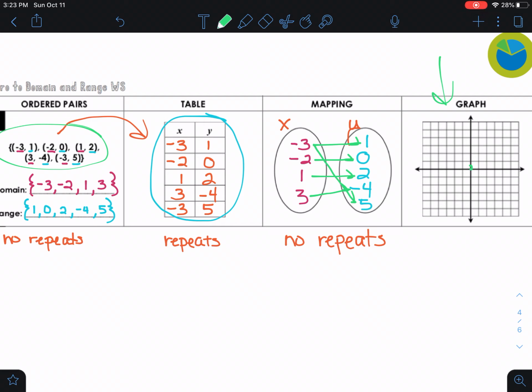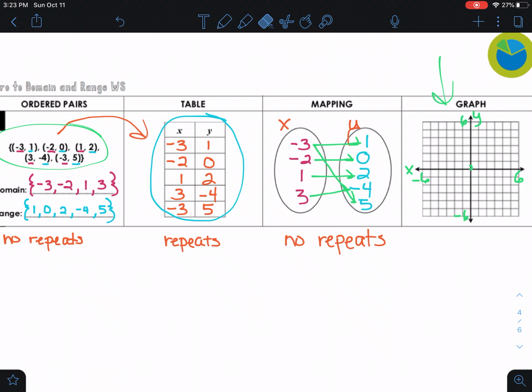So x always is this axis, and this is your y-axis. And we always move x first, and then y. So if it helps, you could put this as 6, -6, +6, -6.